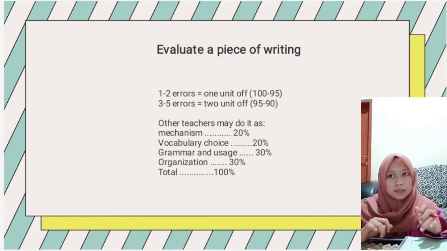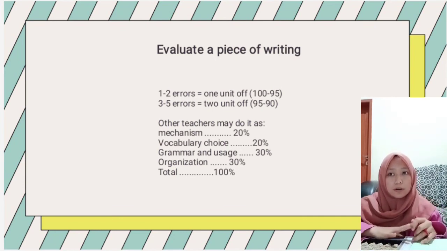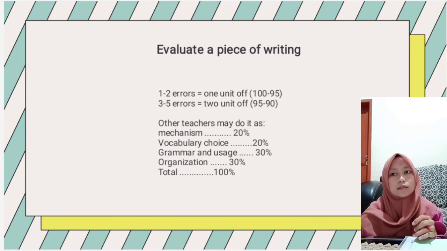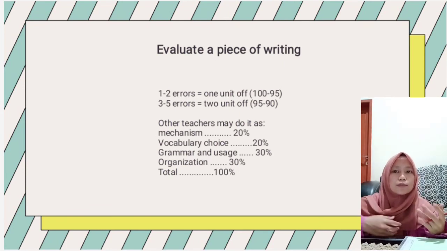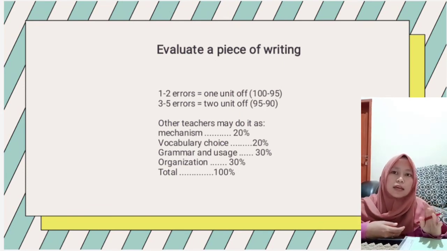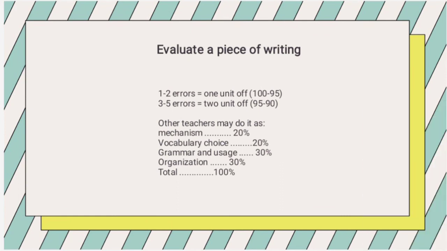But if you get 3 until 5 errors for 2 units, you can get point 95 until 90.